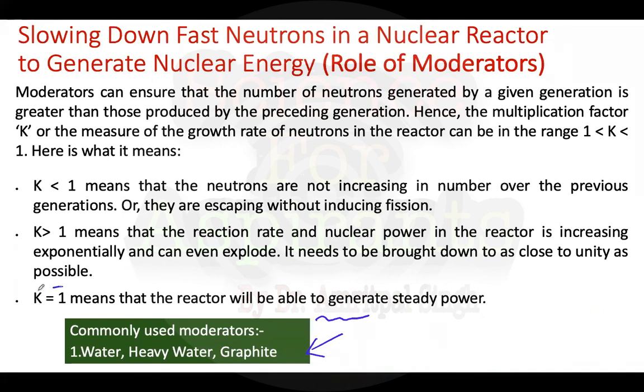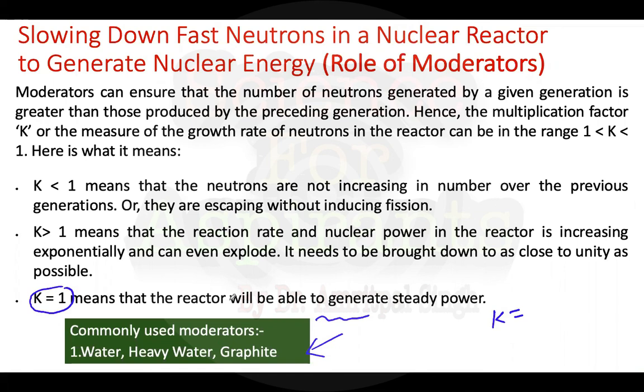So if the value of K is 1, the multiplicity factor is equal to the total number of neutrons being ejected over the total number of neutrons being formed. K equal to 1 means that our neutrons are under control in our fission reaction.